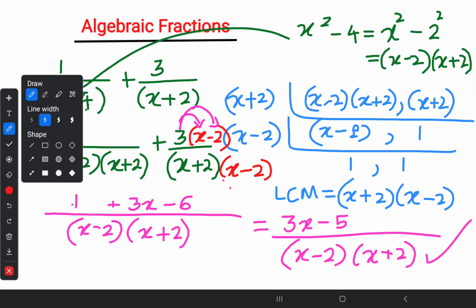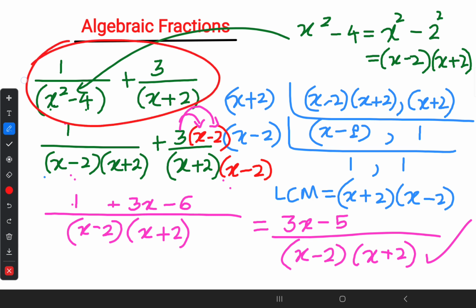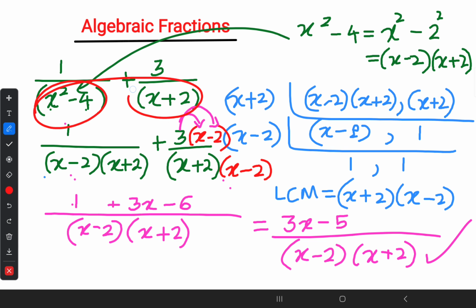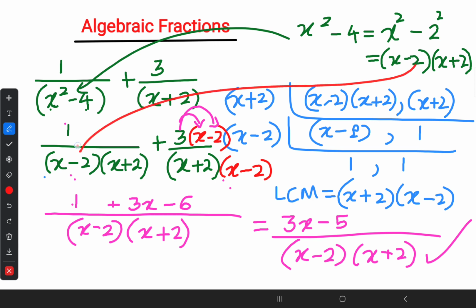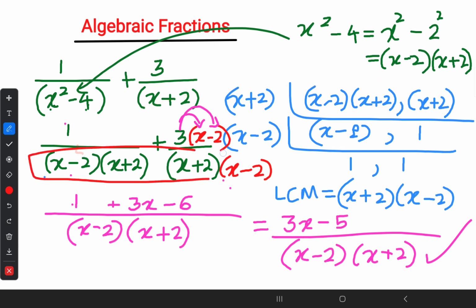I'll repeat from the beginning as a quick recap. Look at these two fractions. Both have different denominators, so you should find the LCM. Before that, there is a possibility to factorize the first denominator. Since both are perfect squares with a negative sign in between, it can be factorized as x squared minus 2 squared, x minus 2 times x plus 2. Thereafter, you should find the LCM for both of these denominators.